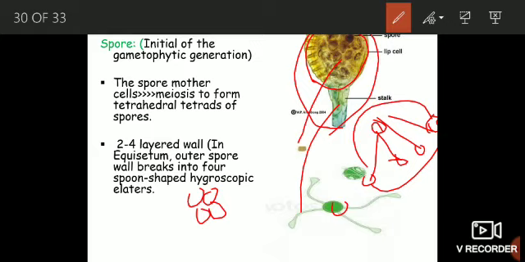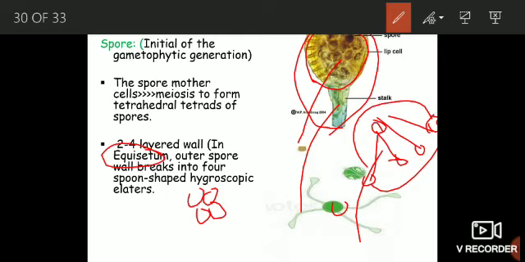Now the structure of spore in pteridophytes. It is quite unique. The spore wall is 2 to 4 layered, but in some cases the outer spore wall breaks up, resulting in the formation of 4 spoon-shaped hygroscopic elaters, as happens in case of Equisetum.